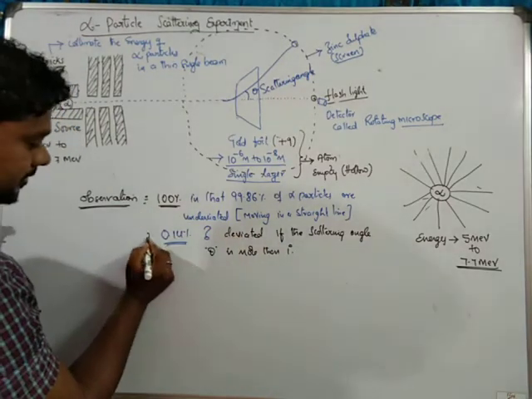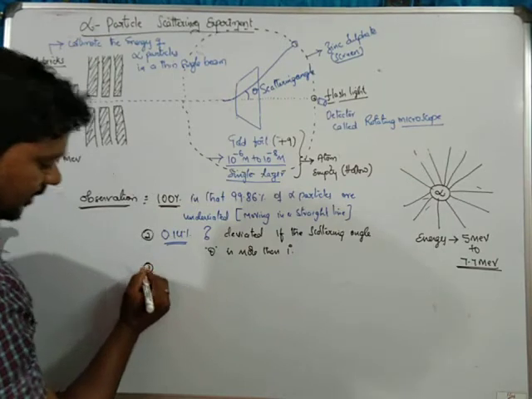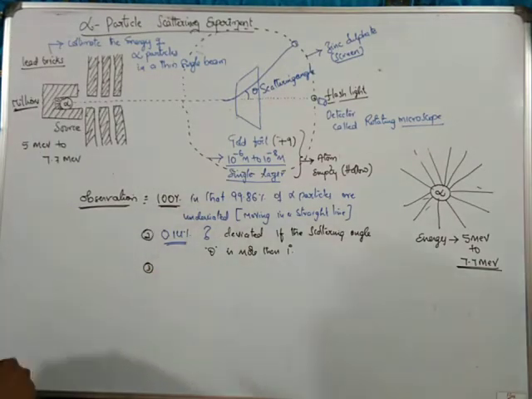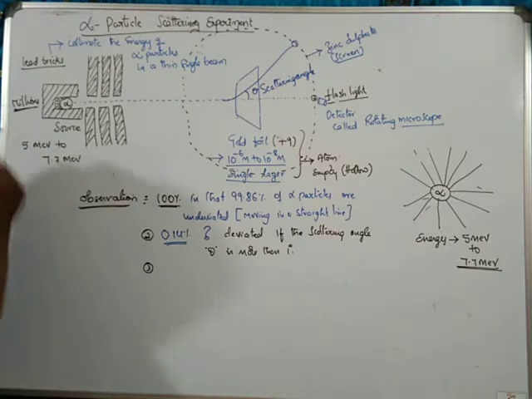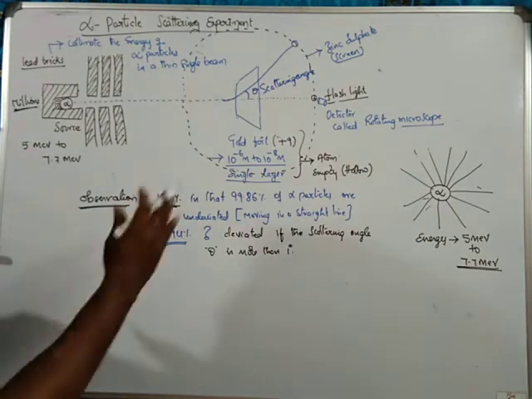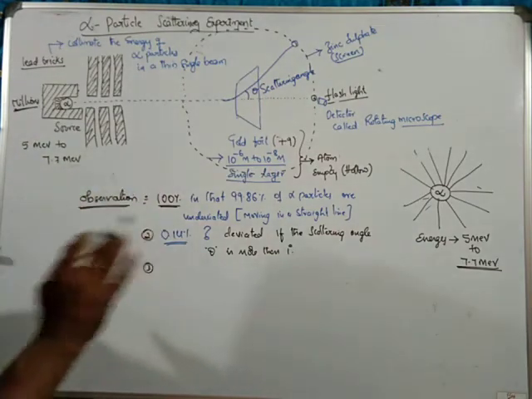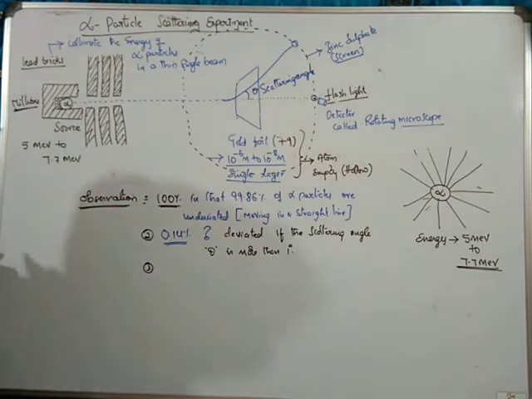So that's the second point. And the third point. Generally here we are sending millions of alpha particles with some energy.